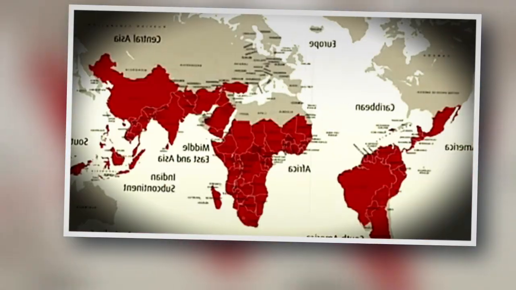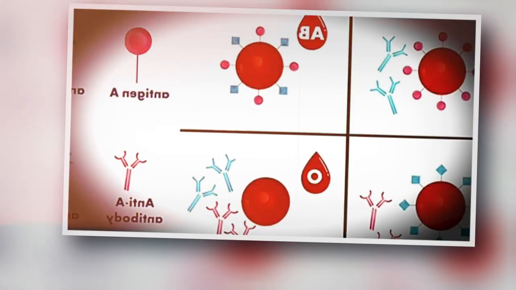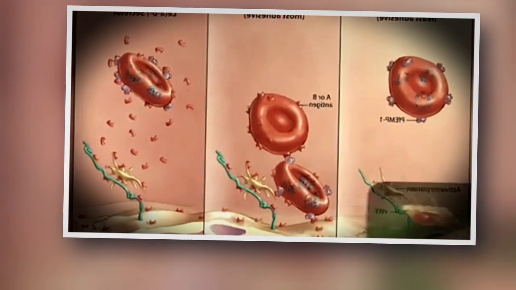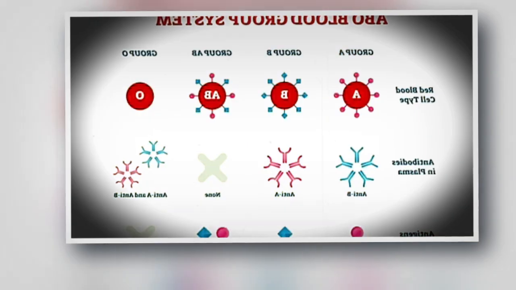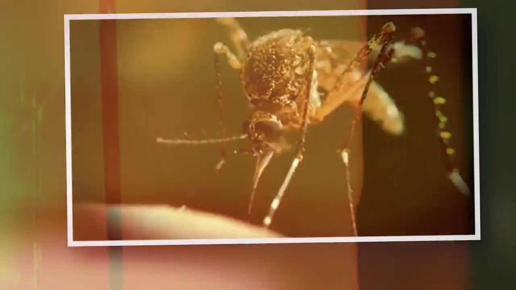In other words, O didn't come first. It's more like the rebel child of the blood type family. Yet today, O has become the most common blood type on the planet. Roughly 45% of people in the US are type O. And in some regions of South America, that number can climb to nearly 100%. Clearly, being blank has its perks.